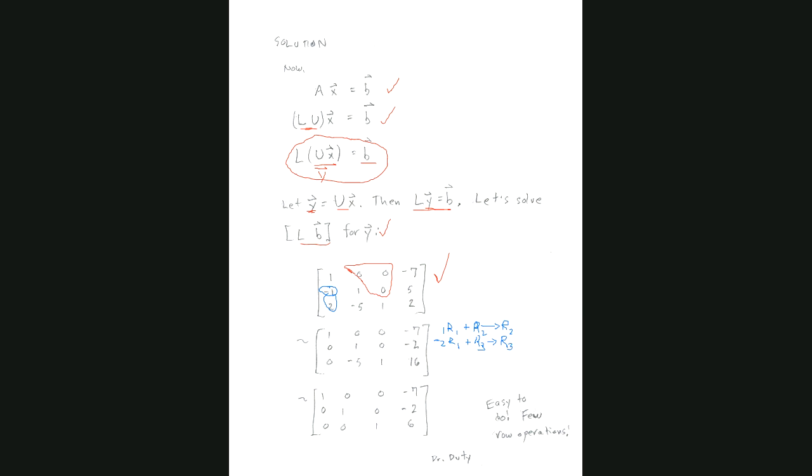And then finally, I need the -5 to be a 0. So I'll take 5 times the second row and add it to the third row and replace the third row with that result.